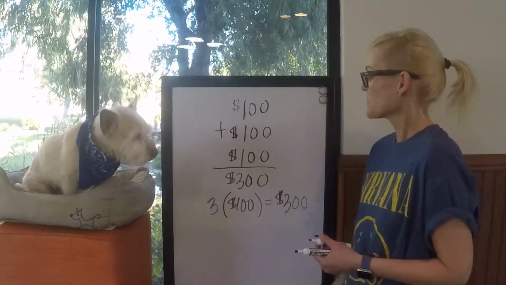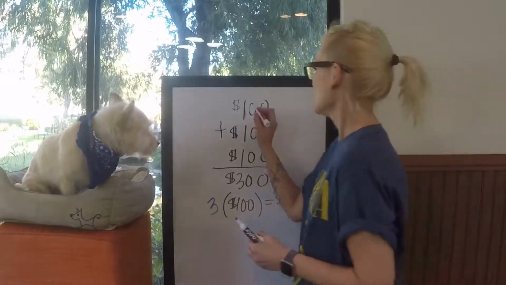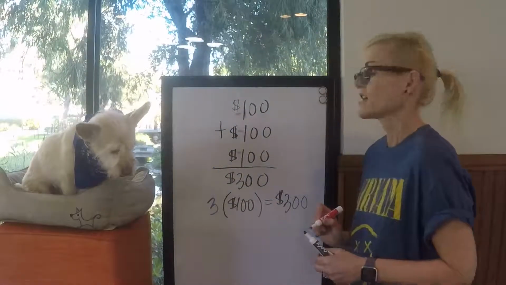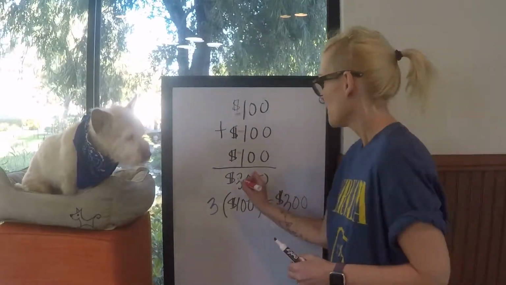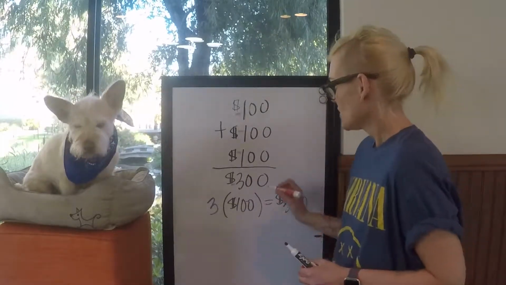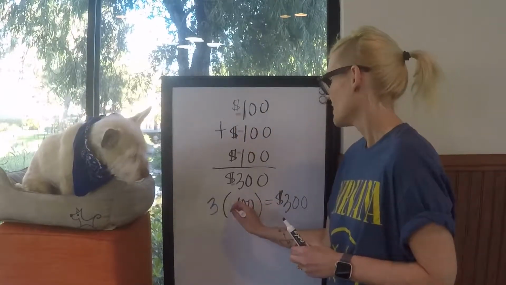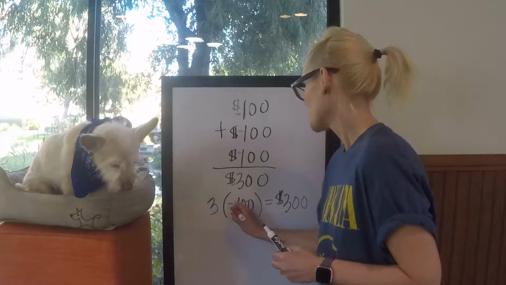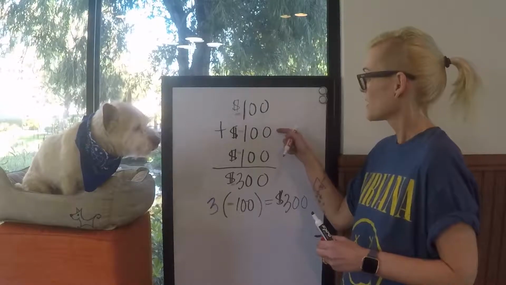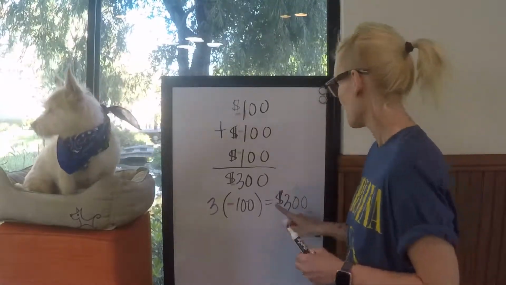Okay, so let's change this up. Instead of earning $100, I'm going to spend $100 for 3 days. If I spend $100 for 3 days, that means after 3 days, I'm down negative $300. So 3 times negative 100 should be the same thing as negative 100 plus negative 100 plus negative 100, which we already determined is negative 300.